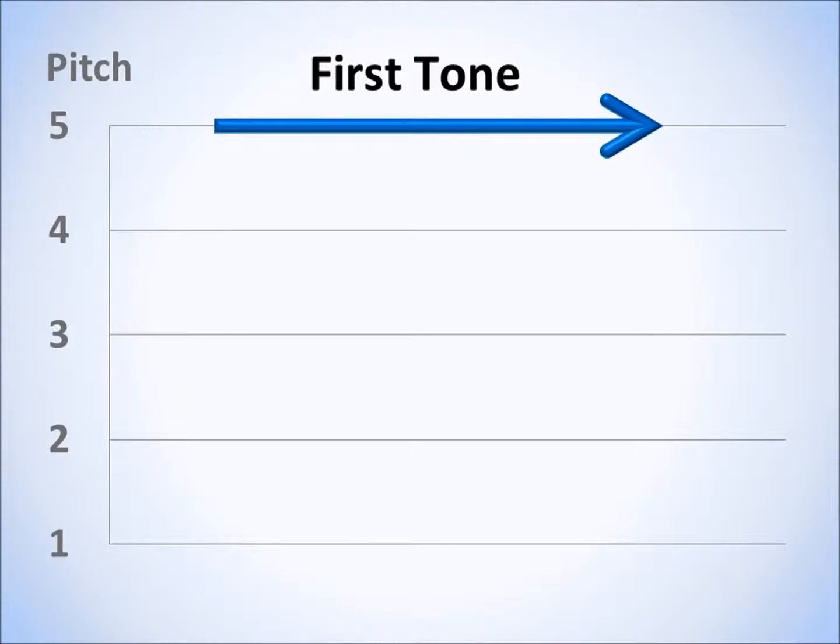Let's practice some words in the first tone. 天, 天. It's high and flat, no variation. 书, 书. Again, it's high and flat. Just remember, when pronouncing the first tone, it's usually higher than your normal pitch.